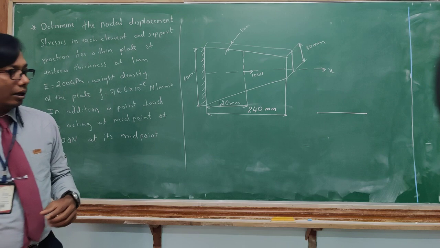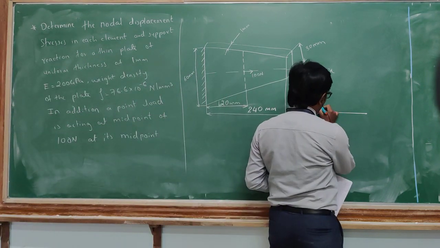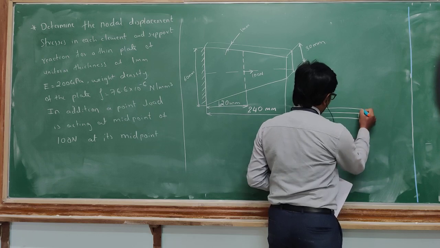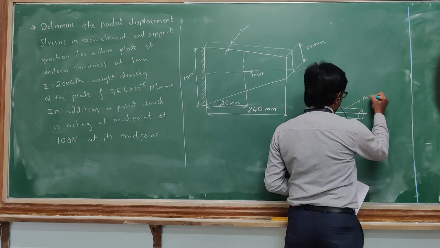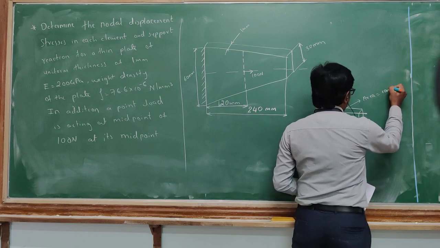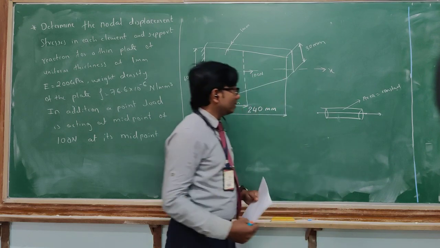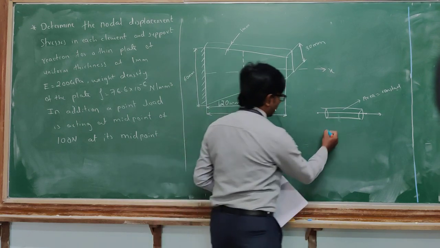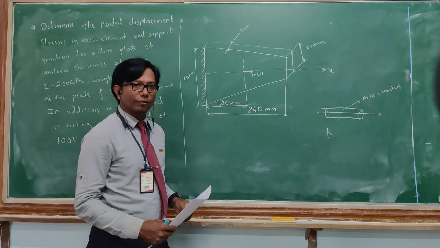In that case, we took the area to be constant. If I have a bar like this, the area is not changing, only the length is changing. For that case, we derived the stiffness matrix, on the basis of that particular case.